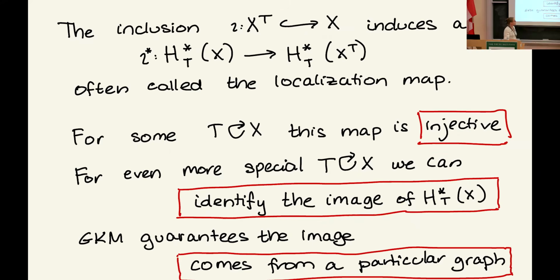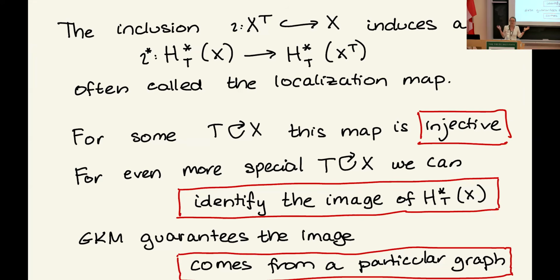So again, here's the picture. We have a bunch of fixed points that are isolated. They are being included into a larger variety. So we get a map from the equivariant cohomology into the equivariant cohomology of the fixed points. And in this room, it's often called the localization map, and that confuses people if you go into other places.